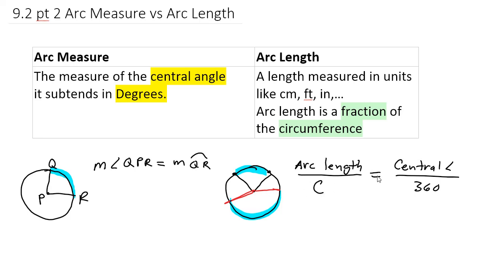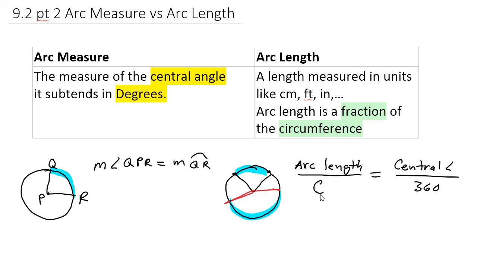That is going to be proportional to the central angle out of the whole entire 360. It's just like I'm taking pieces, comparing how much is the arc length out of the entire circumference, because that's going to be proportional to the central angle that creates that arc length out of the whole entire 360 degrees.